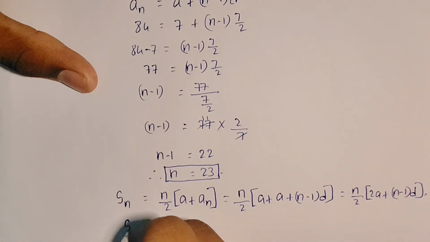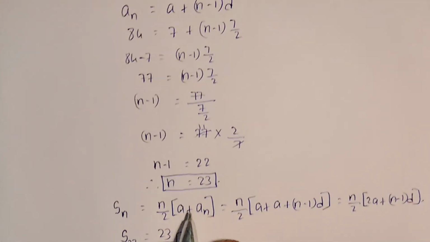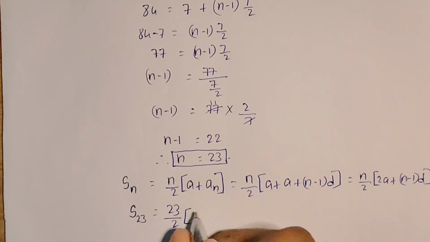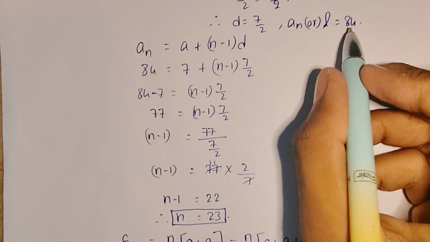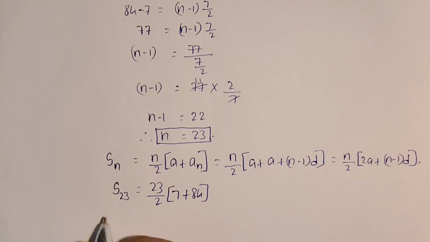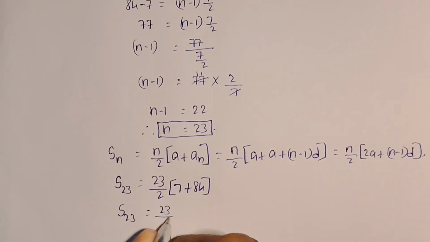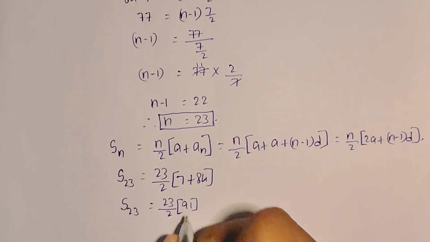So S base 23 is equal to 23 by 2 into a is 7 plus a base n is 84. So S base 23 equals 23 by 2 into 84 plus 7, which means 91.